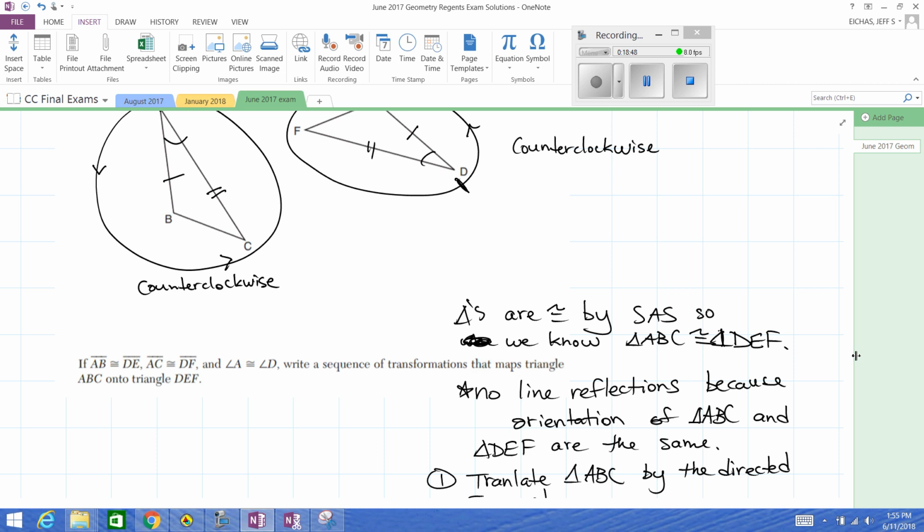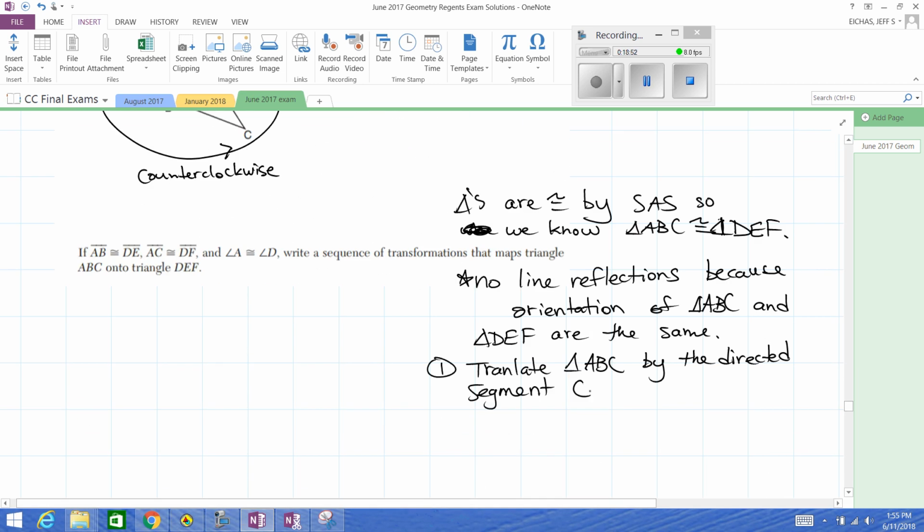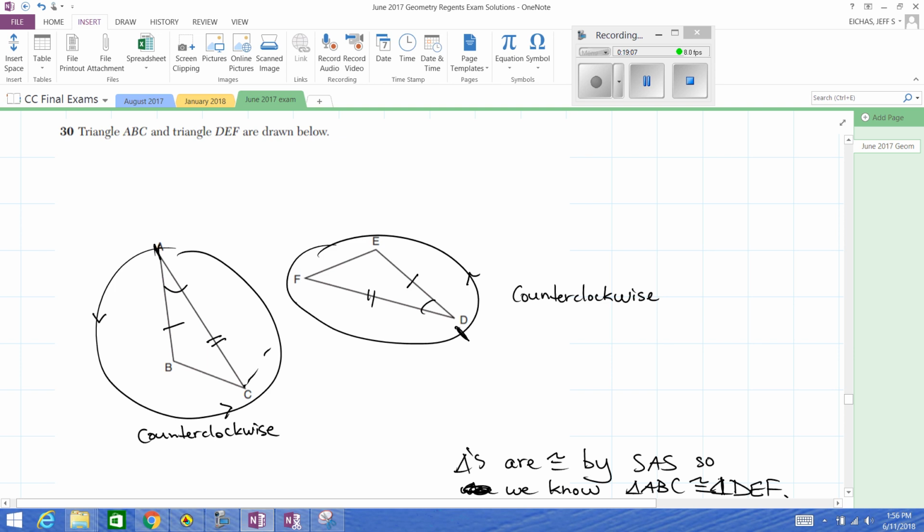I'm just going to say directed segment CF. That maps point C onto point F. So we're going to do that, and then just estimate. There's C prime.